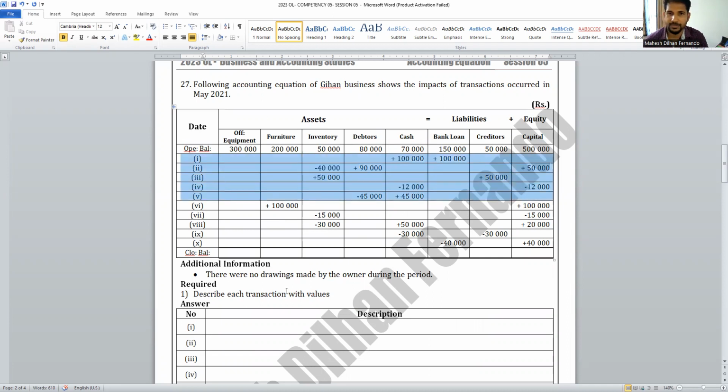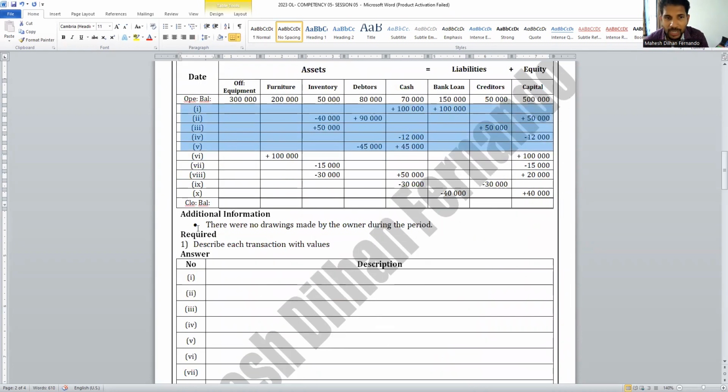You have just 5 minutes. And remember, none of the transactions should be recognized as drawings because there were no drawings. Describe the first 5 transactions. Remember, you have to use the rupee value. Okay, start now.